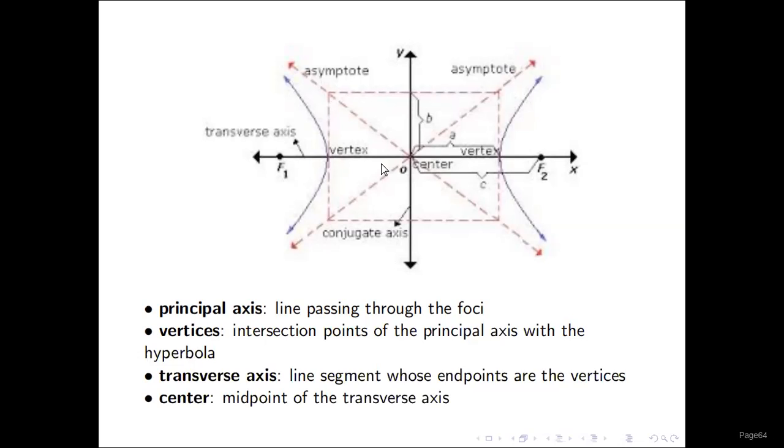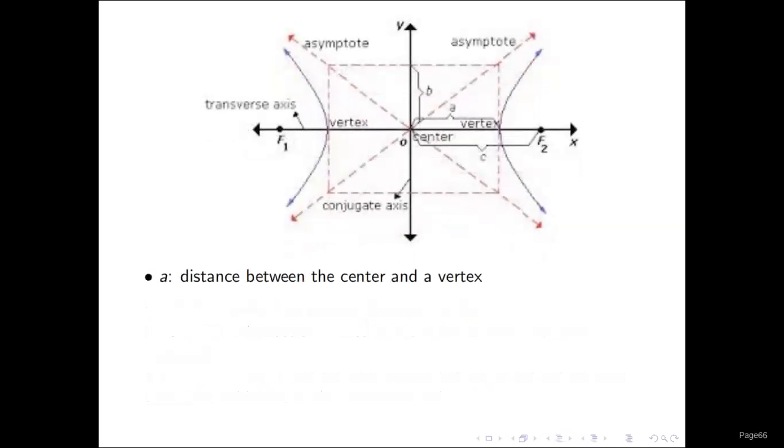And then same with ellipses, the midpoint of the transverse axis is the center of the hyperbola. And with similar notations, a would represent the distance between the center of the hyperbola and a vertex of the hyperbola. Since the center is the midpoint of the transverse axis, it has the same distance from either vertex.